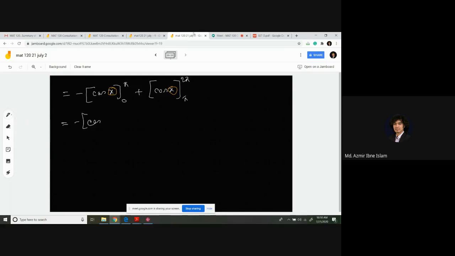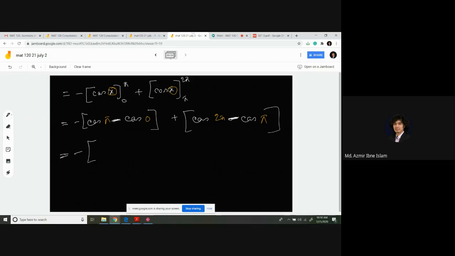So cosine pi, negative cosine 0, plus cosine 2 pi, negative cosine pi. Do you know why I am using the negative sign? It is from the direct formula, the fundamental theorem of calculus.